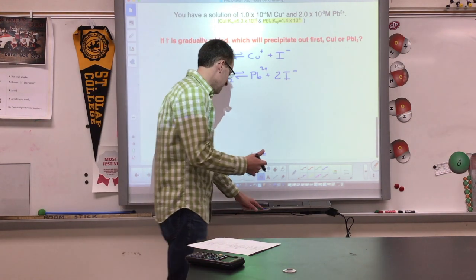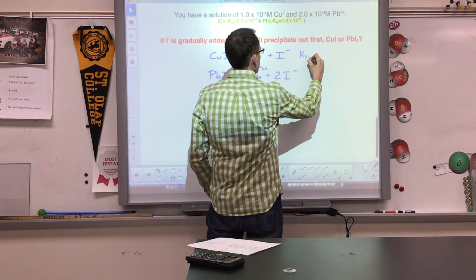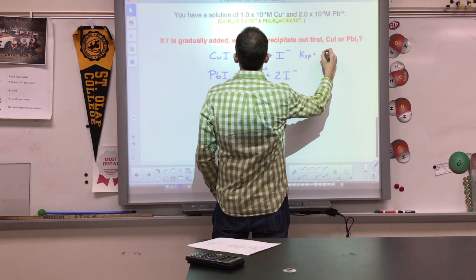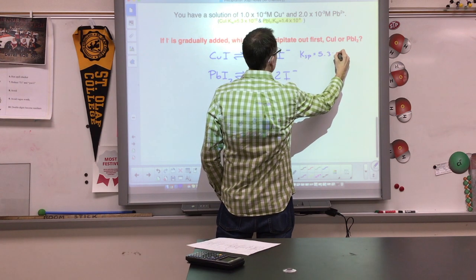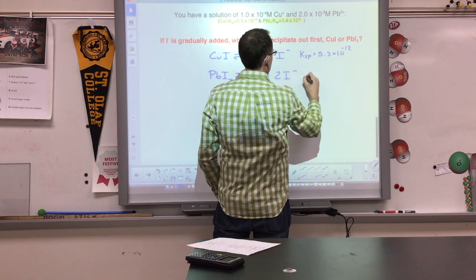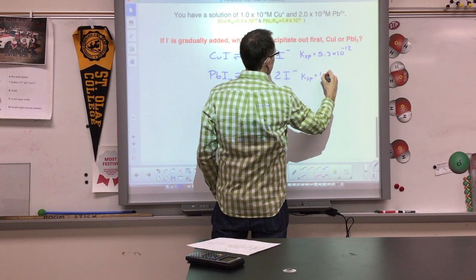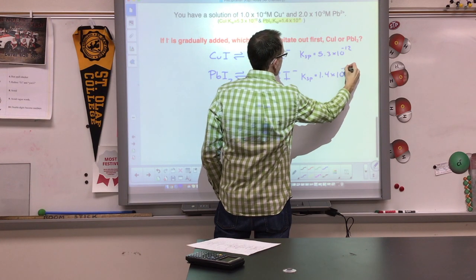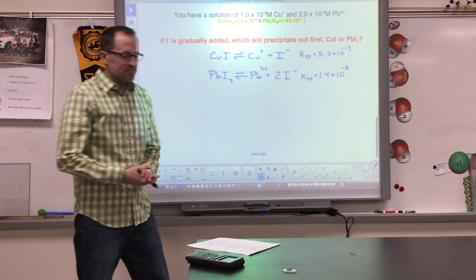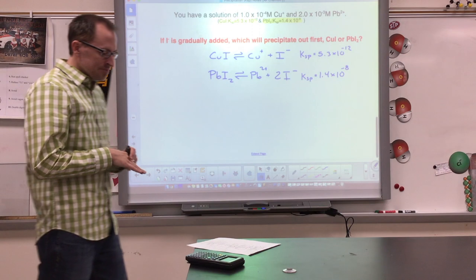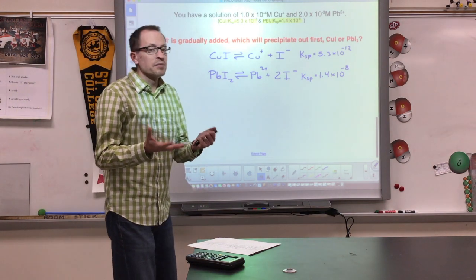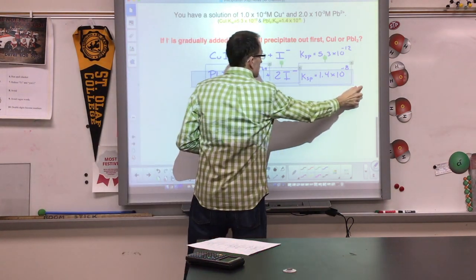We definitely can. So the Ksp of the CuI is 5.3 times 10 to the negative 12, and the Ksp for the lead iodide, lead 2 iodide, would be that. Okay. So what do we have to do? Well, we simply plug them into a Ksp expression.